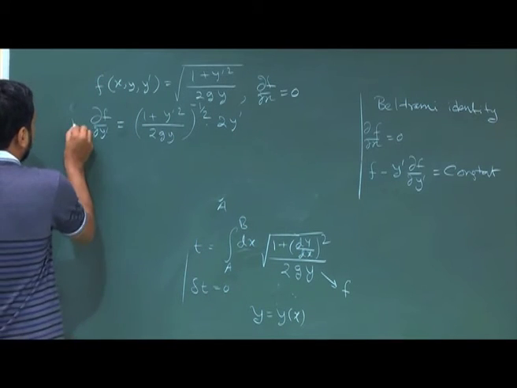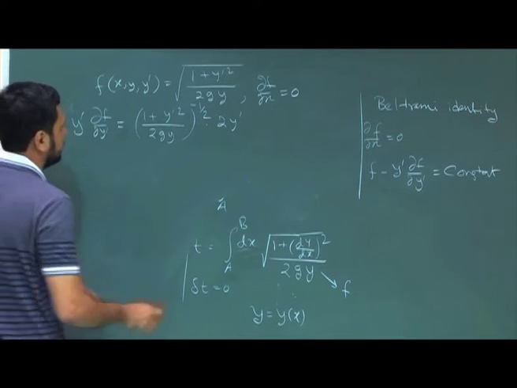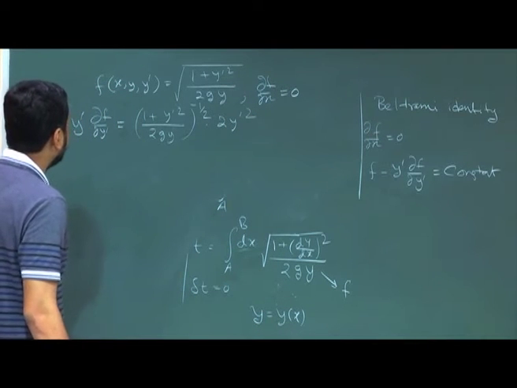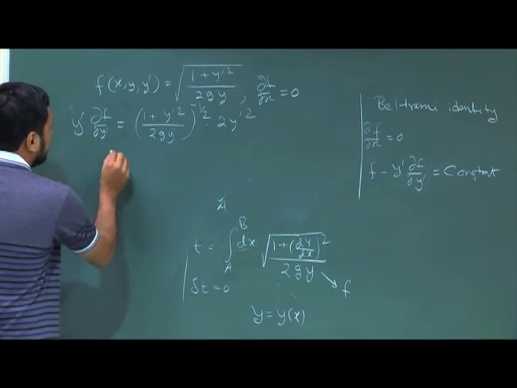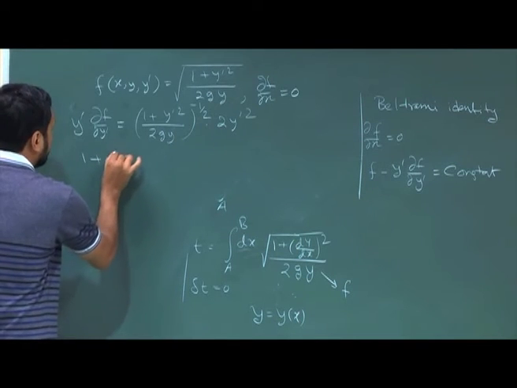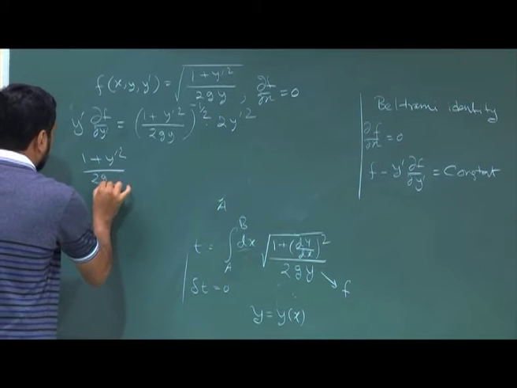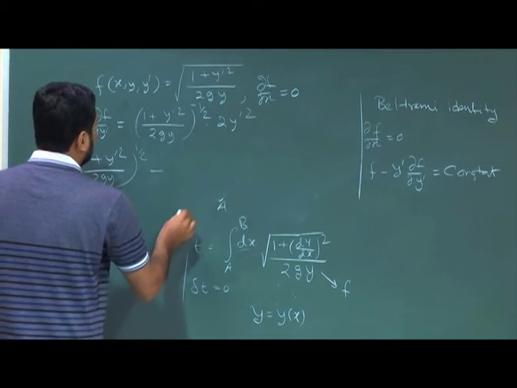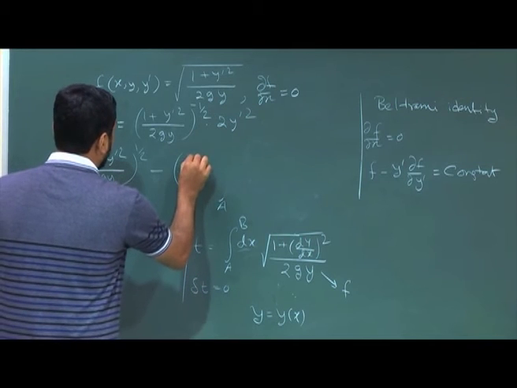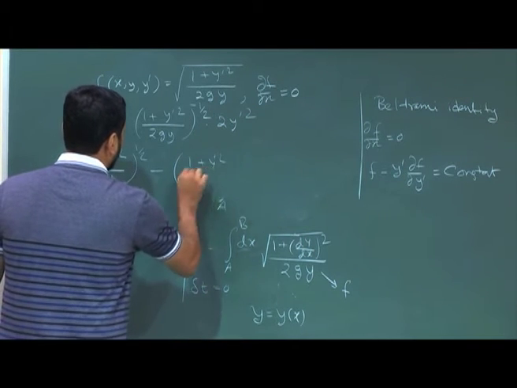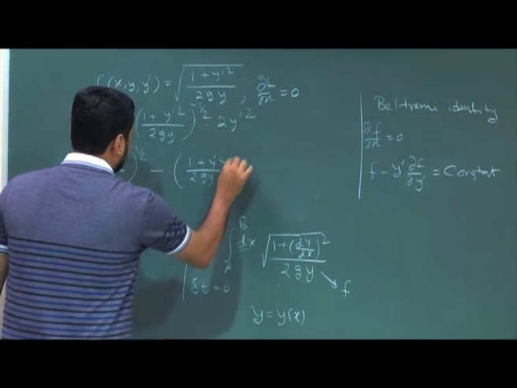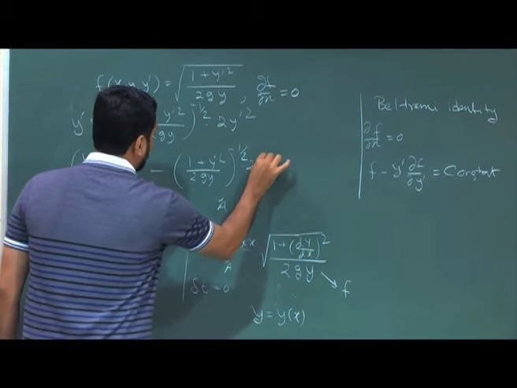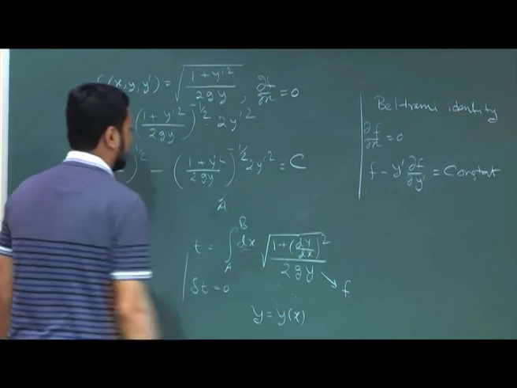So, if I have to compute y dashed times this, it will be 2y dashed square, and f minus this will be (1 plus y dashed square by 2gy) to the power half minus (1 plus y dashed square by 2gy) to the power minus half multiplied by 2y dashed square equal to some constant c.